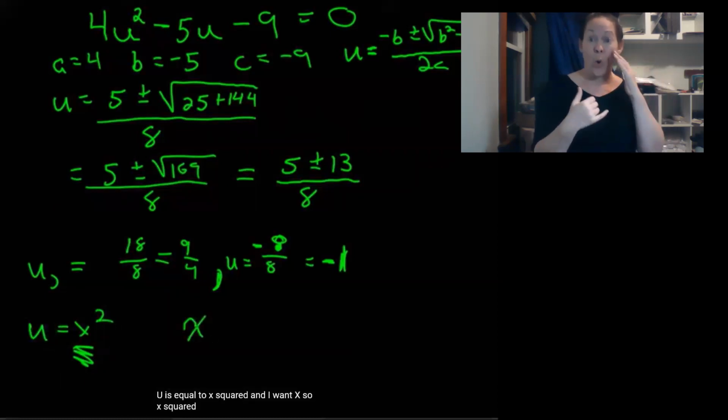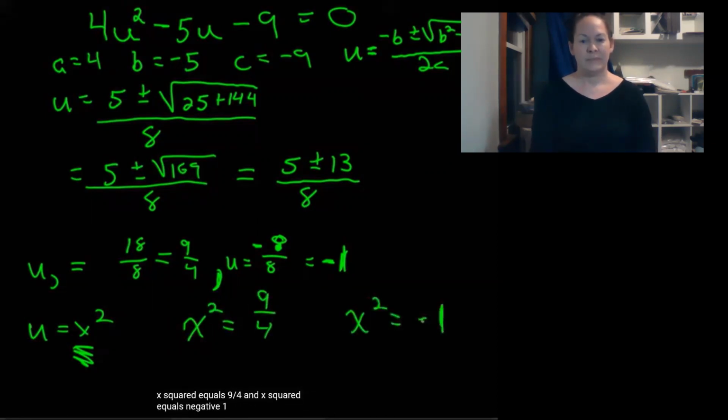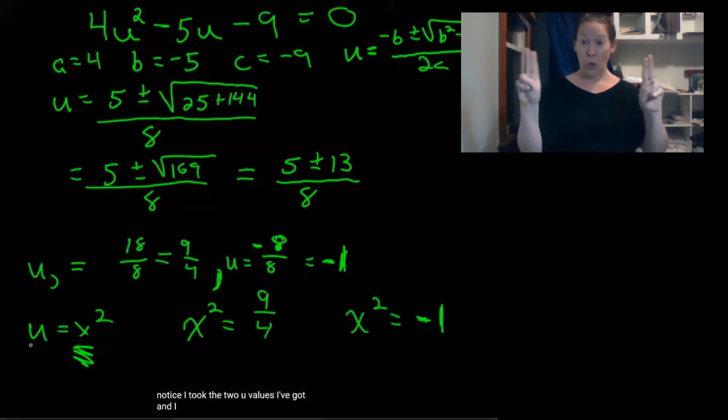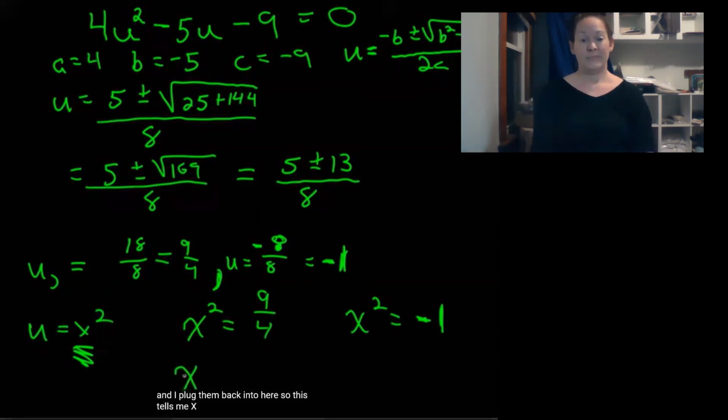So x squared equals 9/4, and x squared equals negative 1. Notice I took the two u values I've got and I plugged them back into here. So this tells me x is equal to... Somehow I seem to have gotten mine upside down. Oh no, I'm in the right place. Yep.